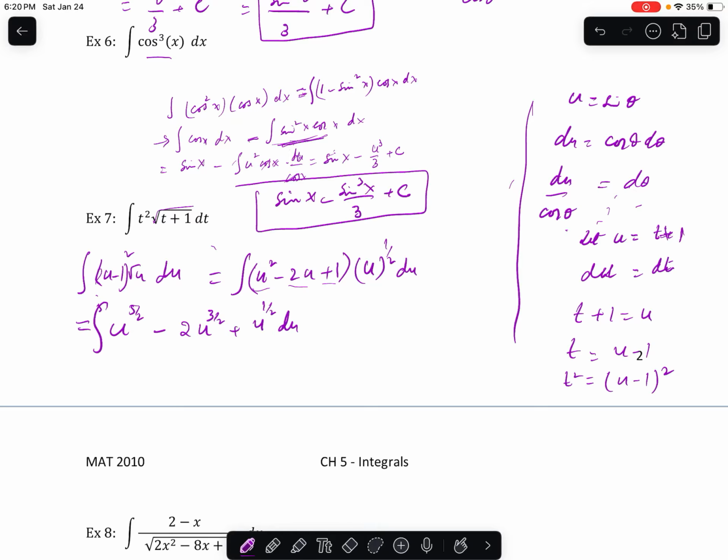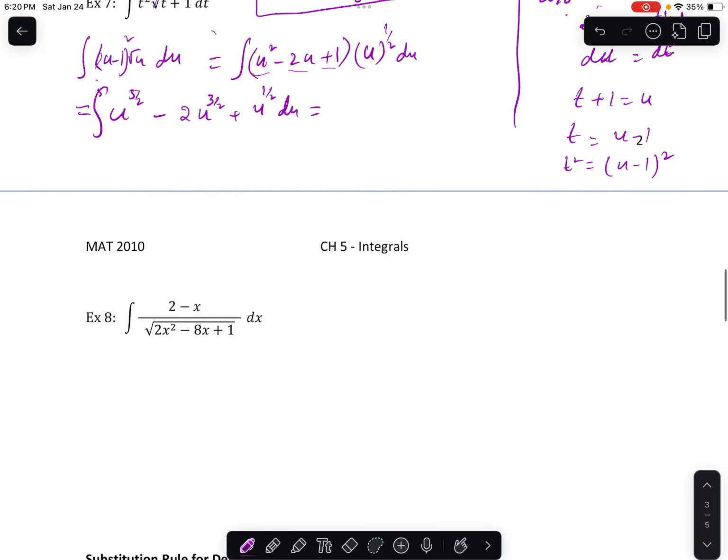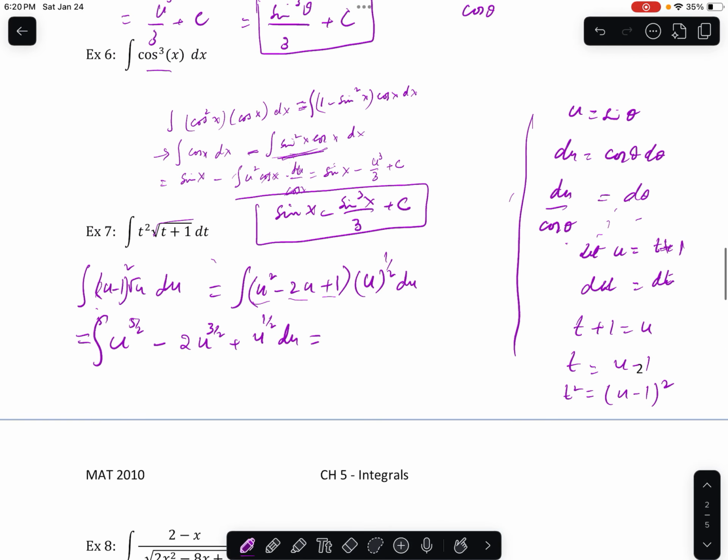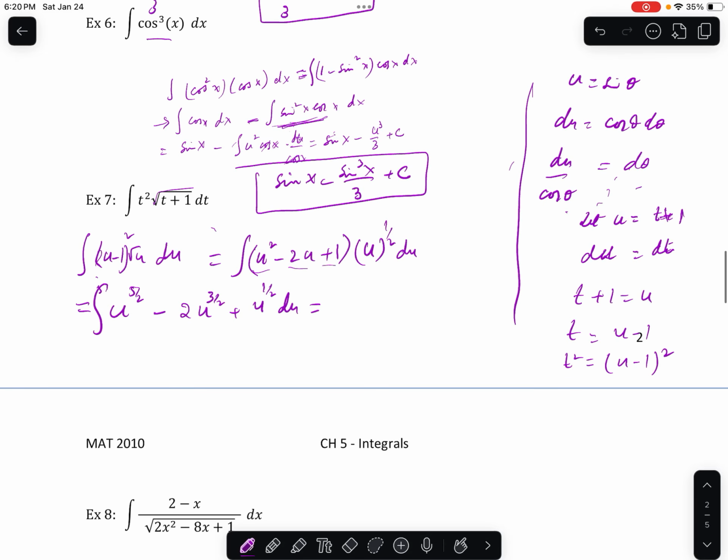Now when I anti-differentiate, I get u to the 7/2 over 7/2 minus 2 times u to the 5/2 over 5/2 plus u to the 3/2 divided by 3/2 plus c.